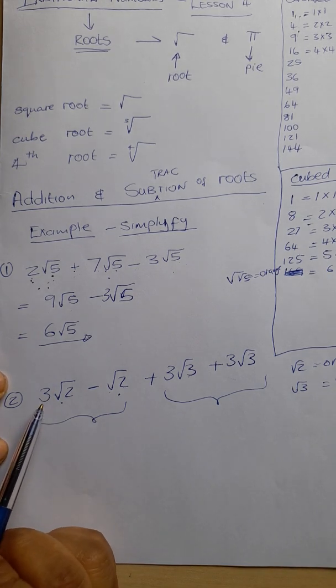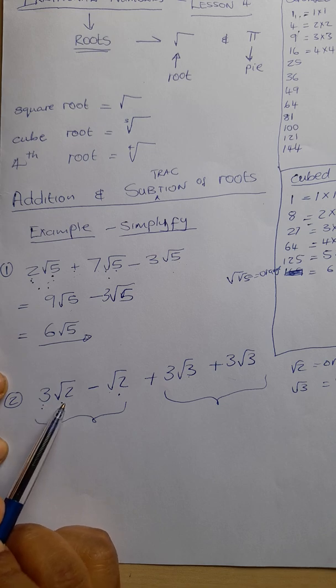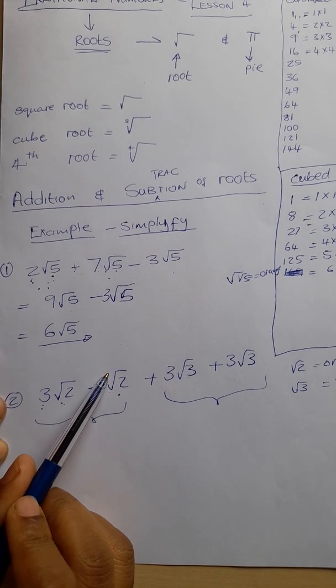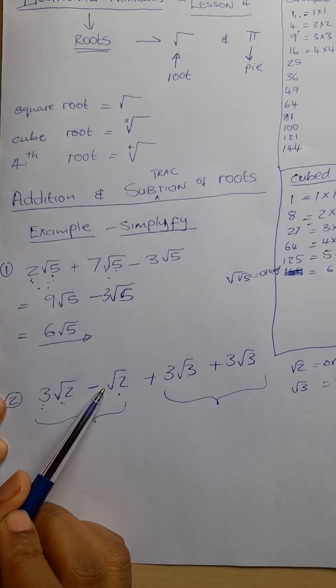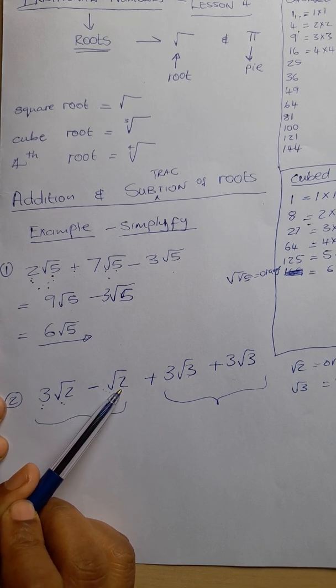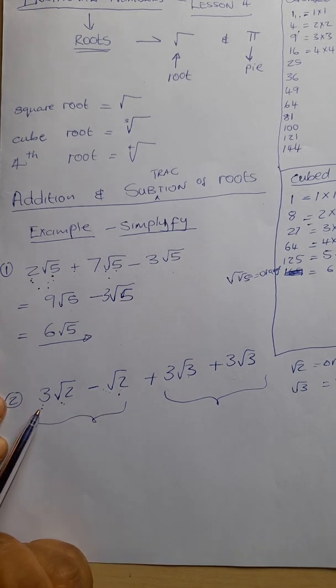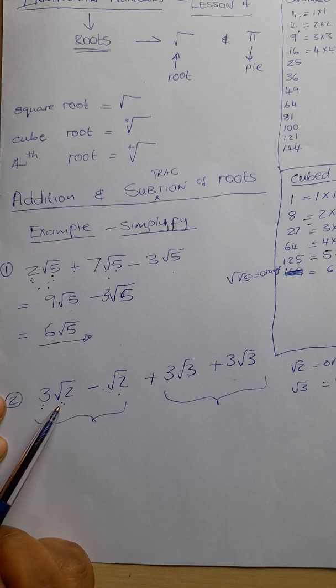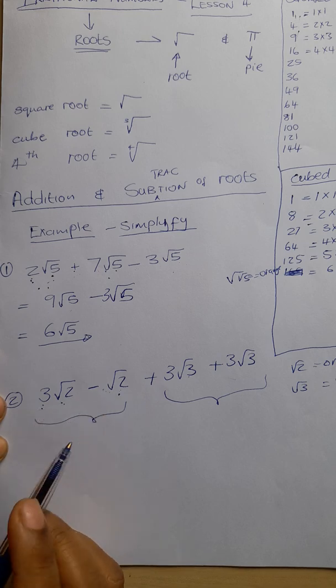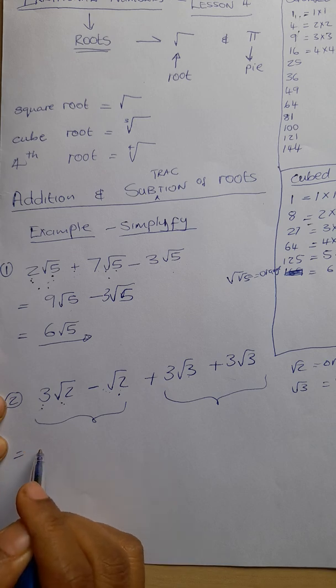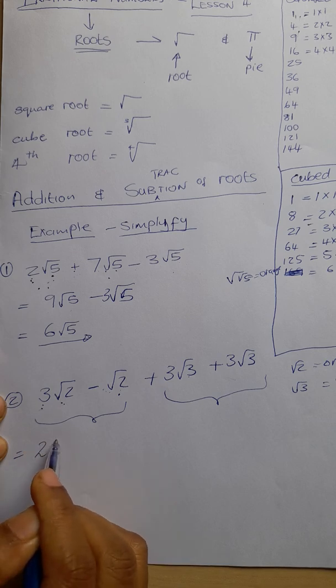So here I have 3 square root of 2. And if there's no number, it means there's a 1 here, and I have only 1 square root of 2. So I have 3 oranges minus 1 orange. What will I get? I will get 2 oranges. You see that?